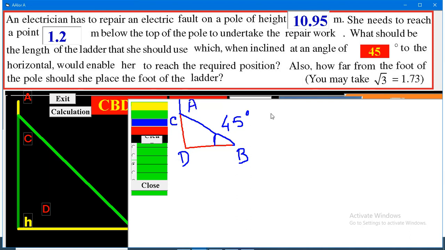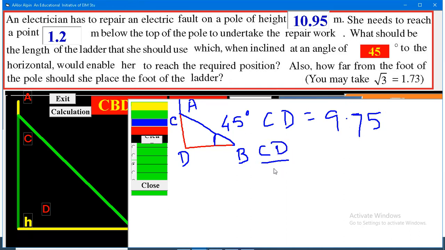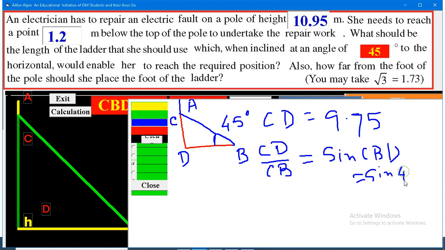So we calculated earlier, we saw that CD is 9.75. Now in this case, perpendicular, if I find the CB, perpendicular by hypotenuse is again sine CBD, that comes to sine 45, and sine 45 is 1 by root 2, correct?